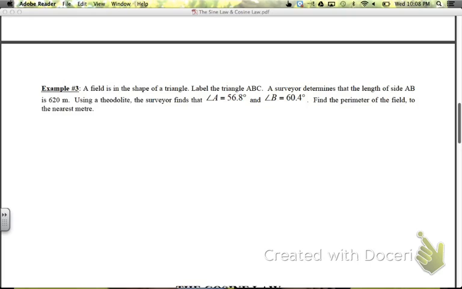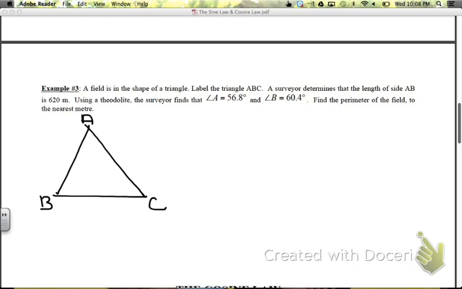So now let's look at our third example here for our sine law. A field is in the shape of a triangle. Label the triangle ABC. So let's do that first. So we have a triangle here. Let's label it ABC.